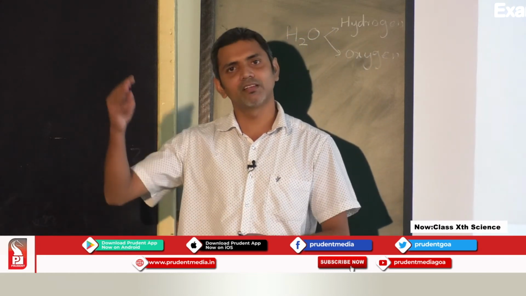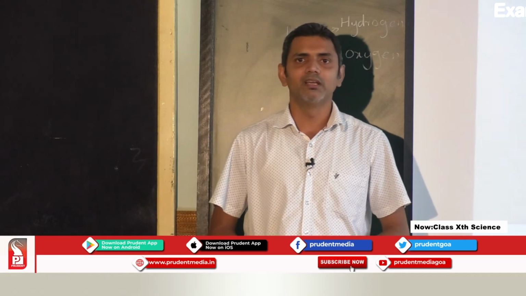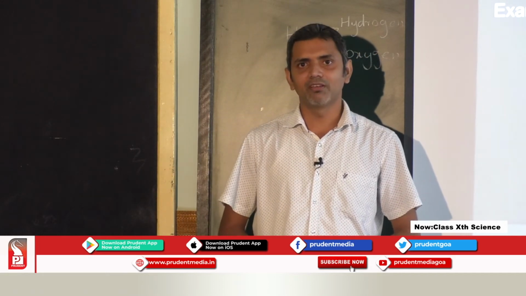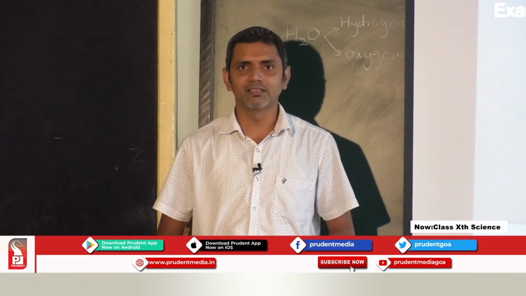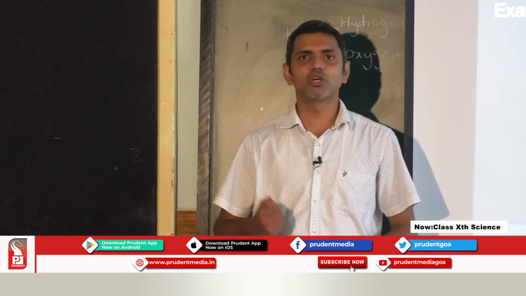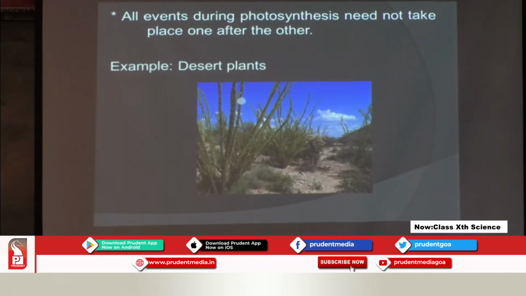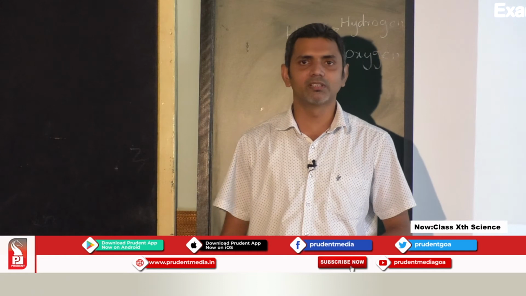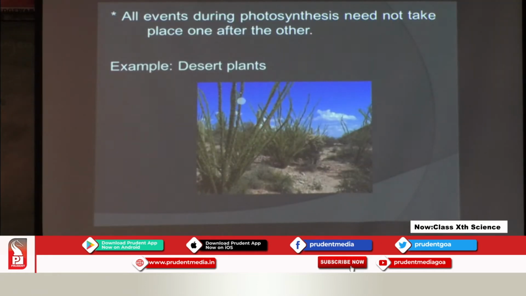They will not prepare the final thing, but they will prepare the intermediate food, and on the next day, when the chlorophyll absorbs sunlight, after that they prepare the food. In desert plants, all the events do not occur one after the other. Okay? We have seen the example of desert plants just now.